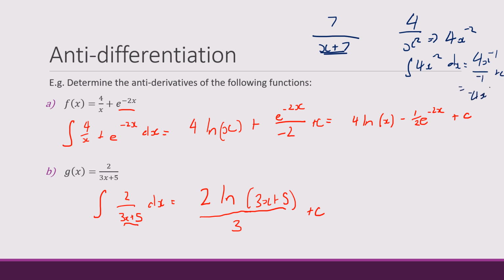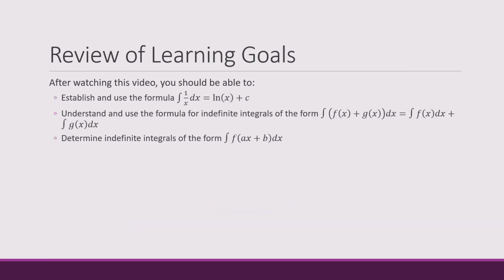So that one works okay, but if it's just 1 over x, or x has a power of 1 in the denominator, then we use our natural log rule, not if there's a squared or anything else in there. So after watching this video, students, you should be able to anti-differentiate 1 over x functions.